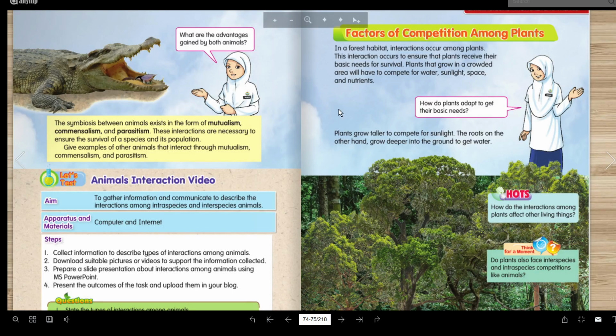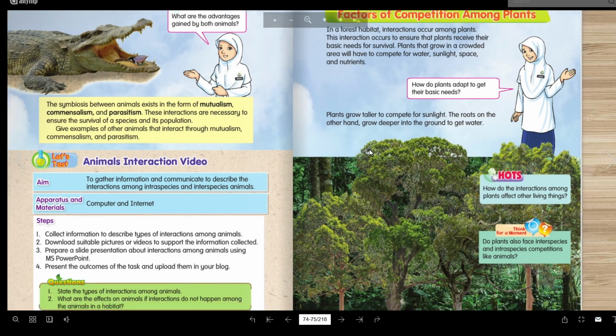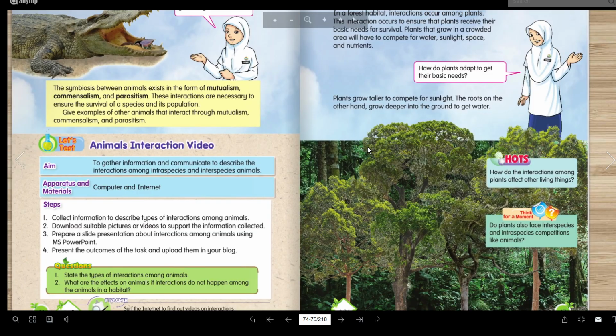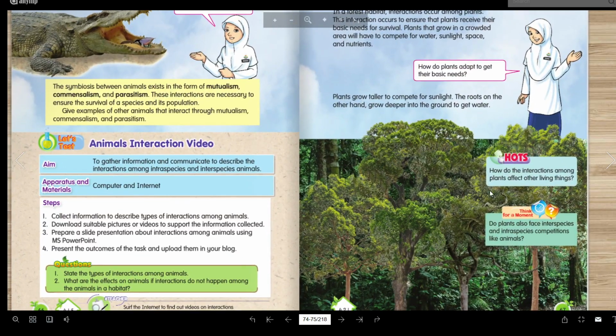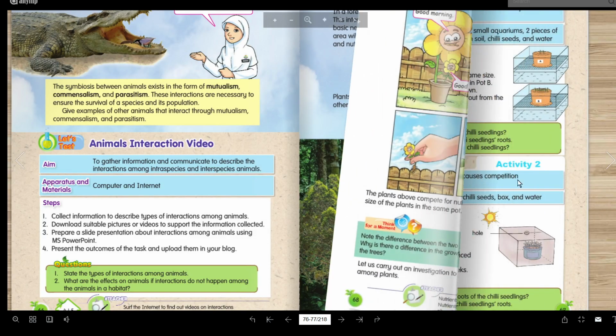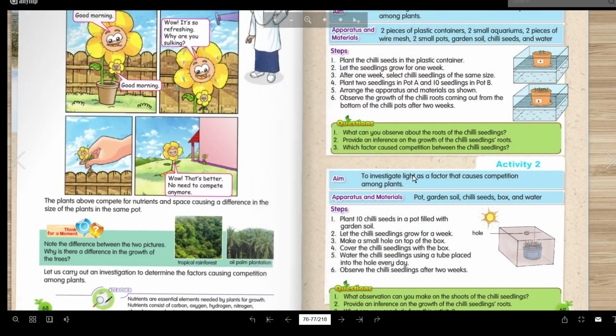So plants grow taller to compete for sunlight. The roots, on the other hand, grow deeper into the ground to get water, right? So, how do the interactions among plants affect other living things? These answers we'll get at the end.